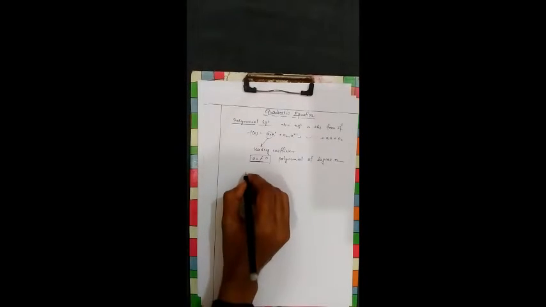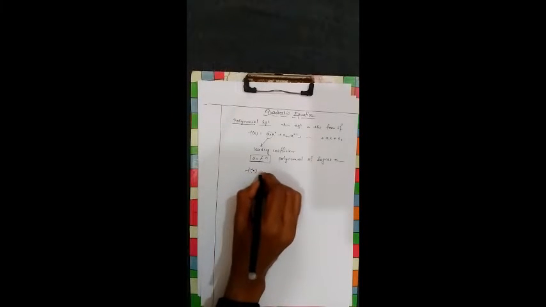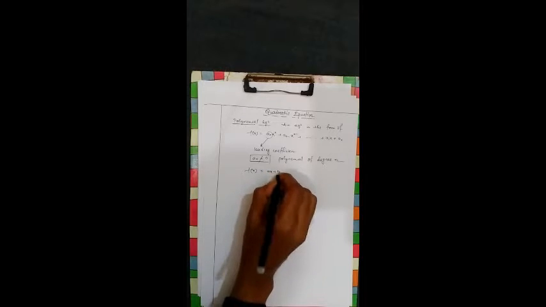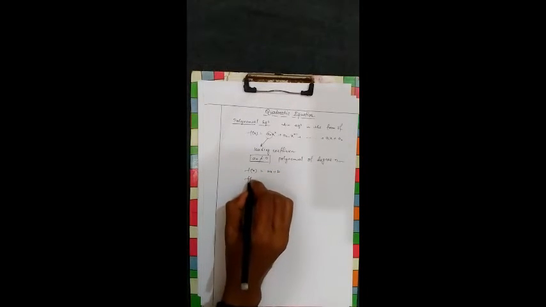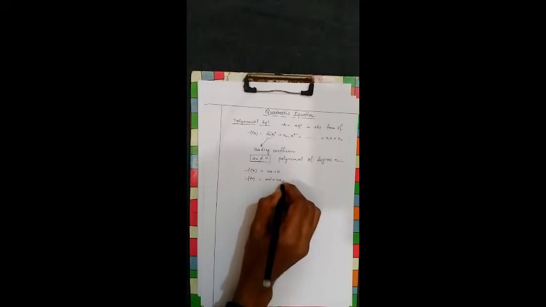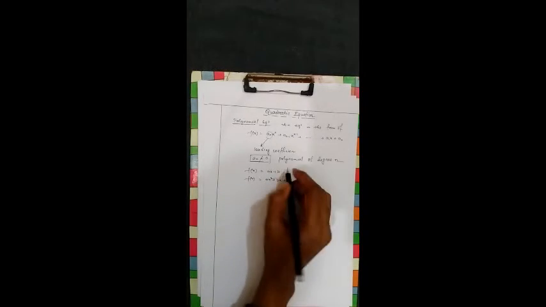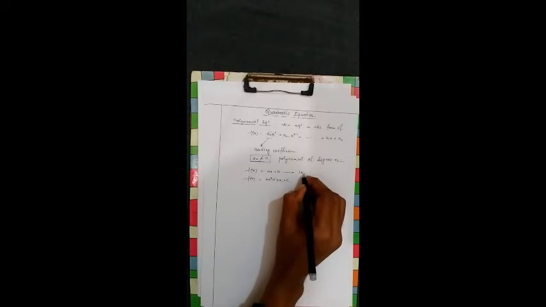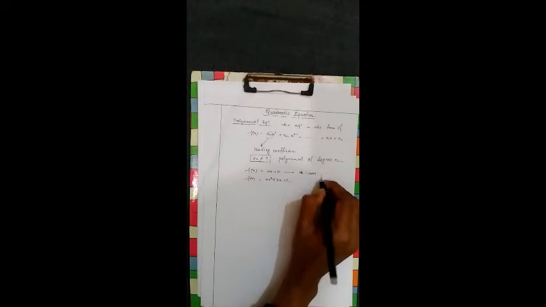Now we can say f(x) is equal to ax plus b, or we can write f(x) equal to ax square plus bx plus c. This is called a linear polynomial, and this is called a quadratic polynomial or function.